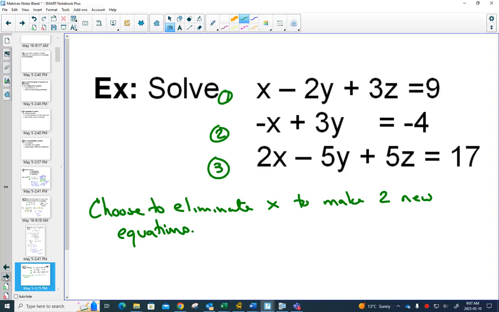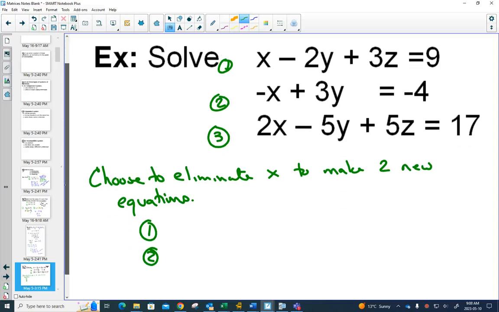I really like equation 1 and equation 2 as my first one to choose. You can eliminate x with 1 and 2, 1 and 3, or 2 and 3. There's three different choices you have for picking two equations and eliminating x. So this also can be different depending on someone's choices. I'm choosing 1 and 2 because they work out really nicely right from the beginning.